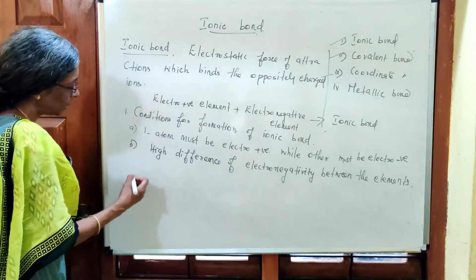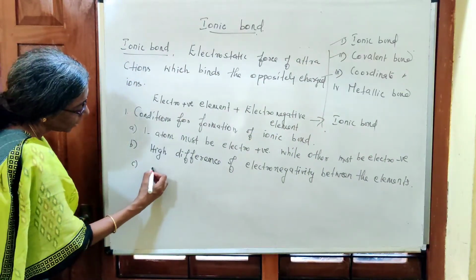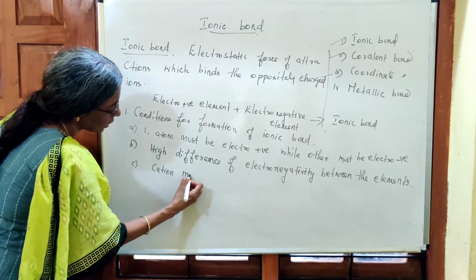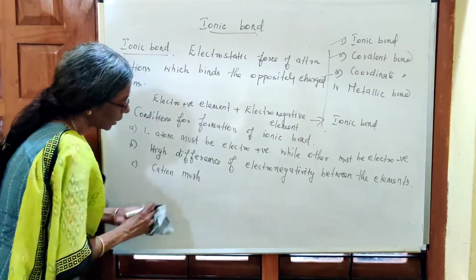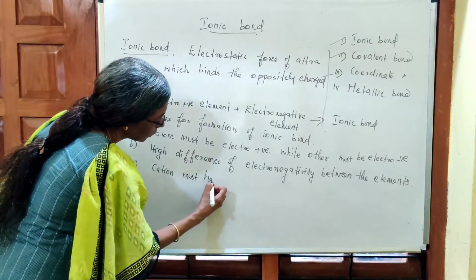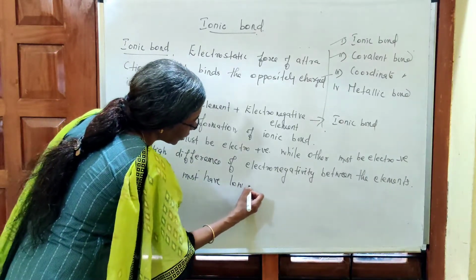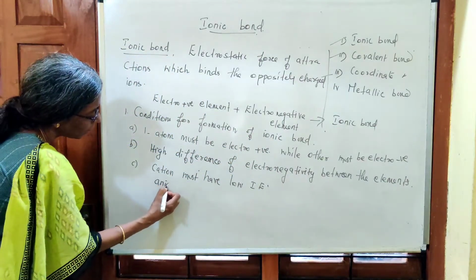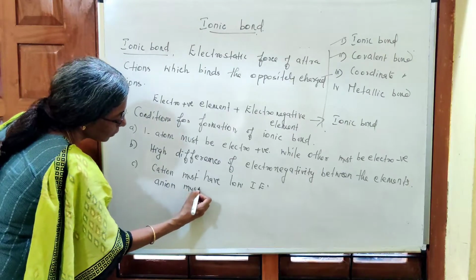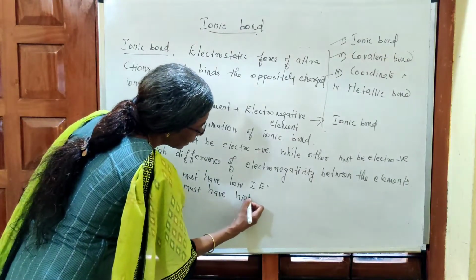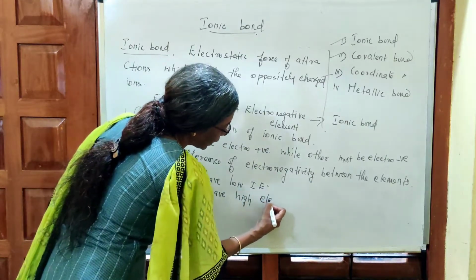Okay, then third one, cation must have low ionization energy. Anion must have high electron gain enthalpy.